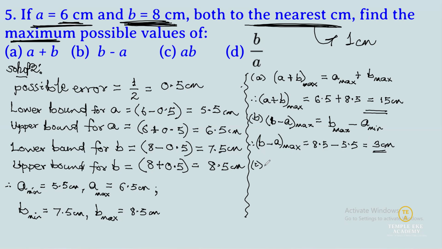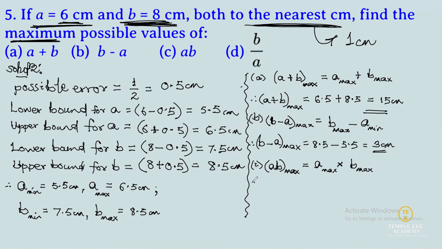Calculation number 3 is the product of A and B, the maximum value of the product. So A multiplied by B, maximum. Can you think of this? The biggest value of A must multiply the biggest value of B. This is a product, so we're talking about A max multiplied by B max, giving us the maximum possible value of the product.